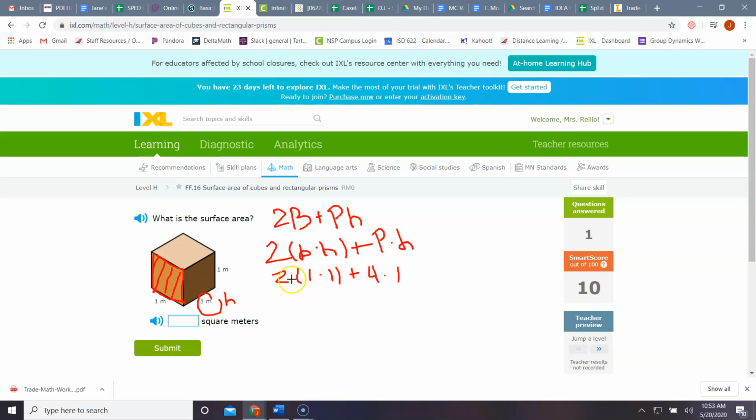So if we go ahead and figure this out, we know that 1 times 1 is 1. So 2 times 1 is going to give us 2. Plus over here we have 4 times 1. That will be 4. 4 plus 2 should give us a surface area that equals 6.